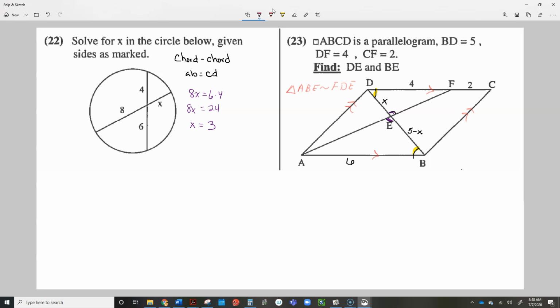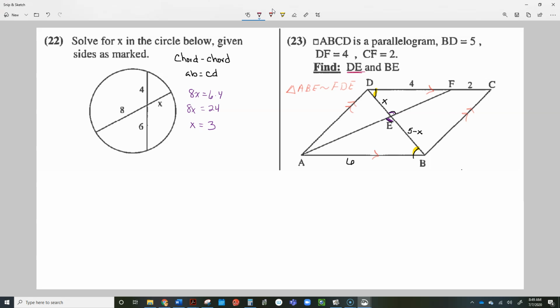Now, notice I took the fact that this was 5 right here, and since I needed this piece for this triangle and this piece for this triangle, I said, okay, well, DE was one of the things that I needed to find. I don't know how big DE is, so since that's an unknown, I'm going to call it X. And then this one right here, I don't know.